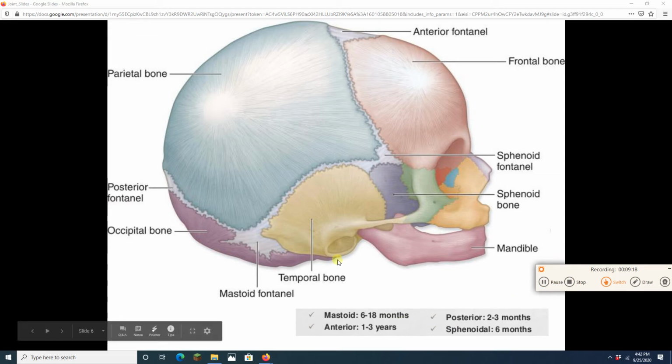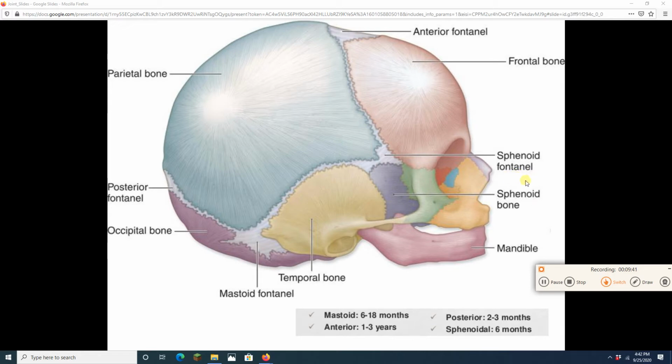So instead, there's just membranes between these bones, and there's some big gaps where the membrane is pretty apparent, and you can feel a pulse there oftentimes, or you can see it kind of sink in if baby's dehydrated, especially the one on the top of the head right there. So these are called fontanelles.